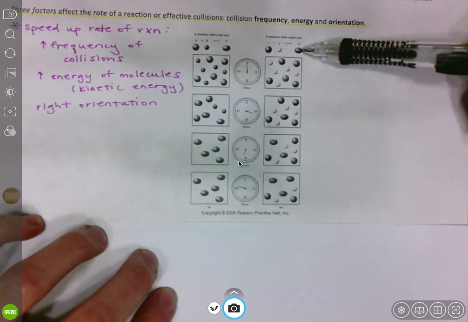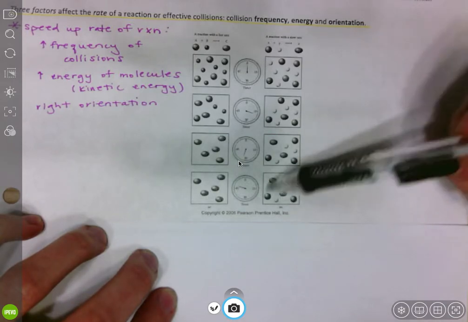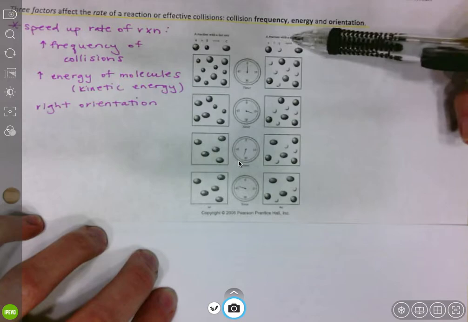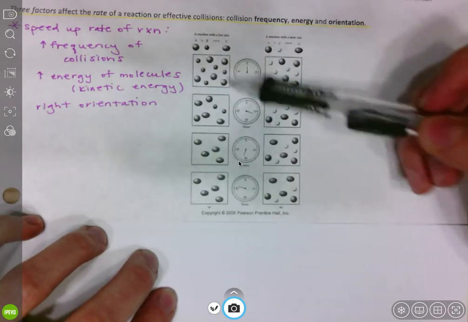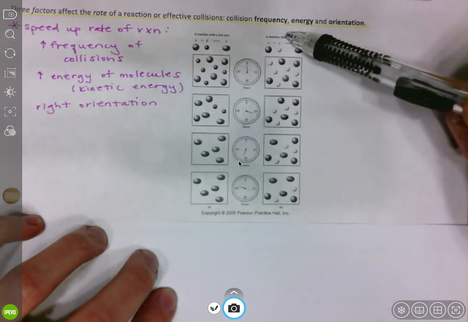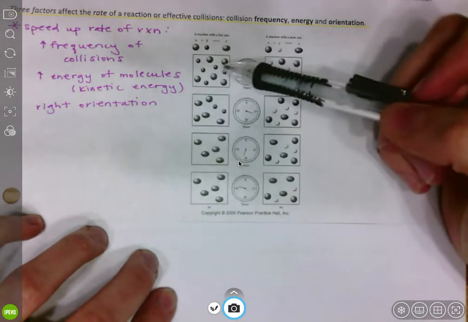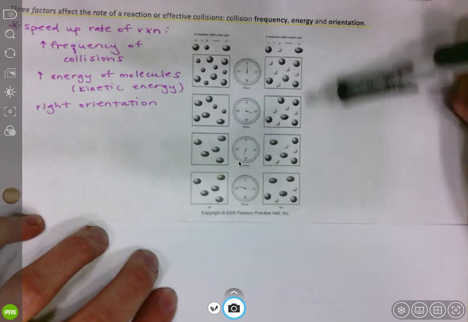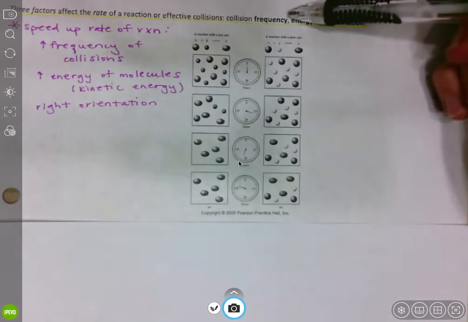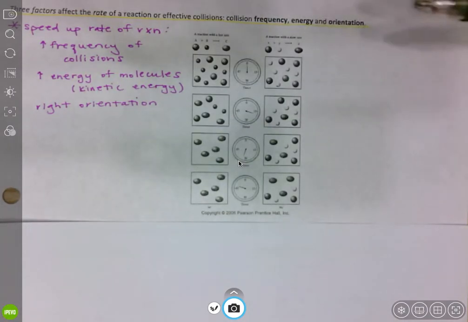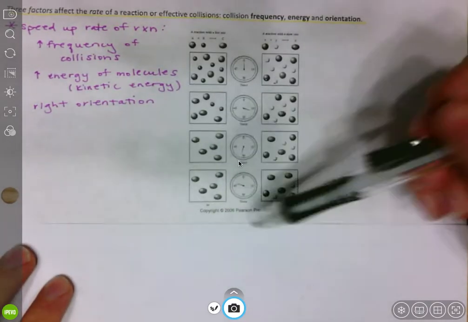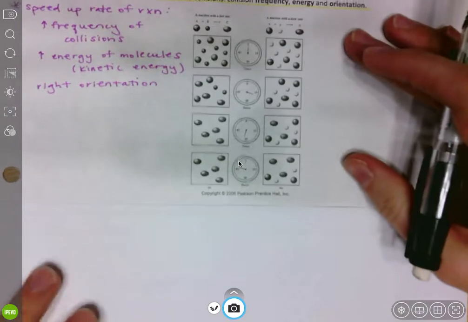But here with the slow reaction rate, we still have reactants and products by these times. So these guys are colliding really quickly, and if they have the right energy and orientation, we get our products. But these guys, they have less frequency probably, maybe less energy, or the orientation isn't right. So we still have reactants after the same amount of time has passed.